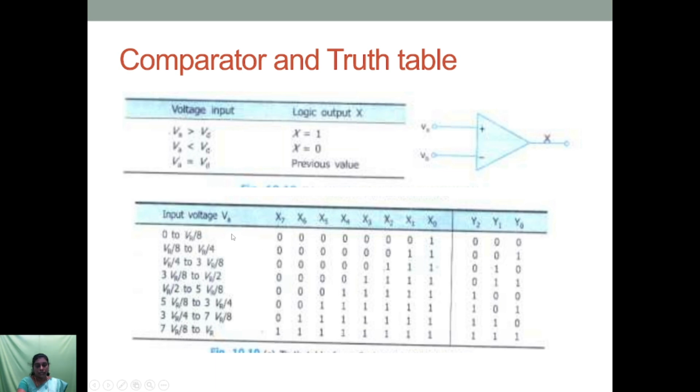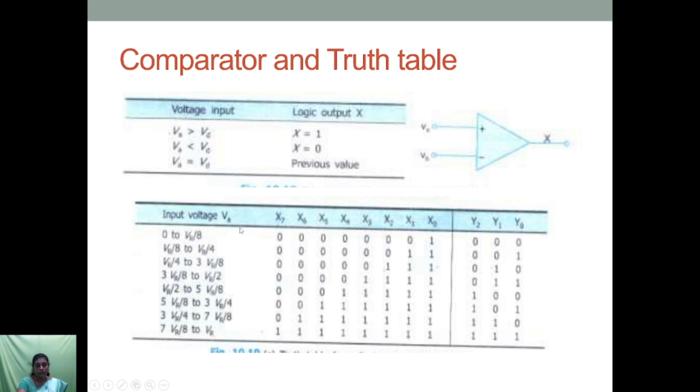Similarly, if the input voltage lies between V reference divided by 8 to V reference divided by 4, then, as I have explained earlier, both x0 and x1 give the output as 1 and the remaining digits are 0. In this case, the encoder will give the output as 0, 0, 1.